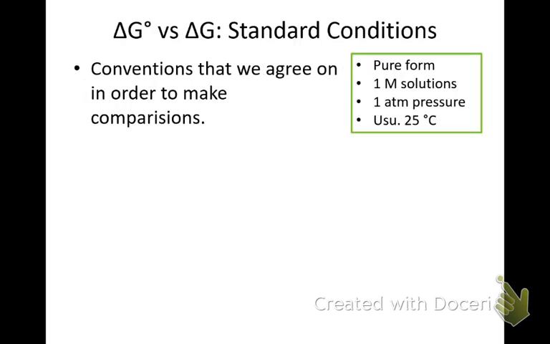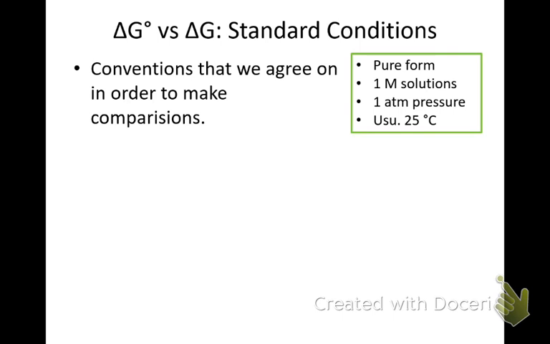Now, you'll notice that I've been saying a lot about standard, and you'll also maybe notice that we've had a little degree sign appear on our delta G. The delta G with the little degree sign means at standard conditions. We'll talk more about them later, but they're conventions that we agree on in order to make comparisons between values.